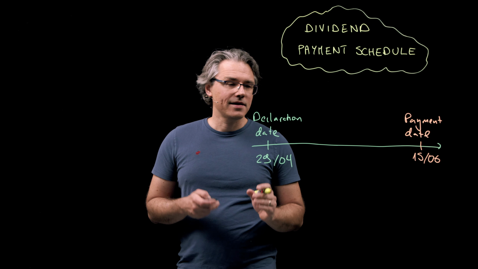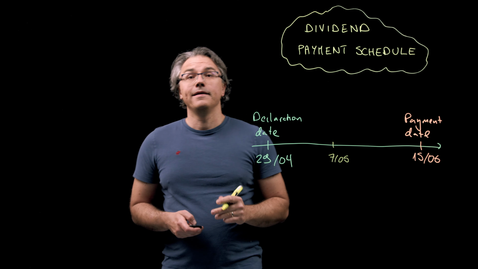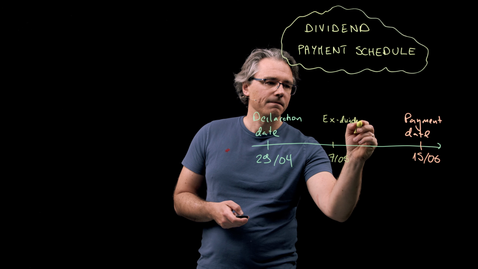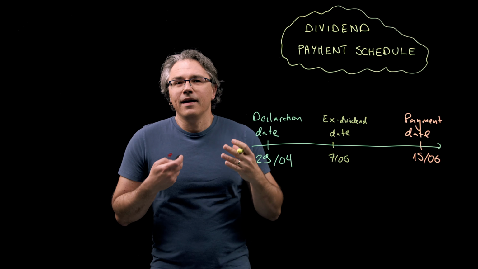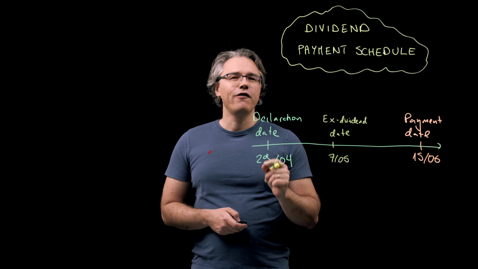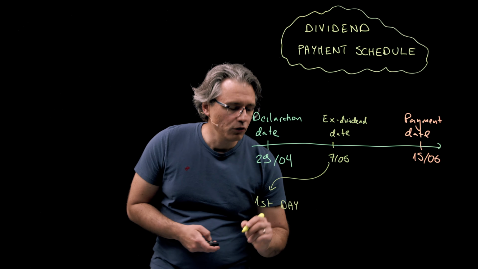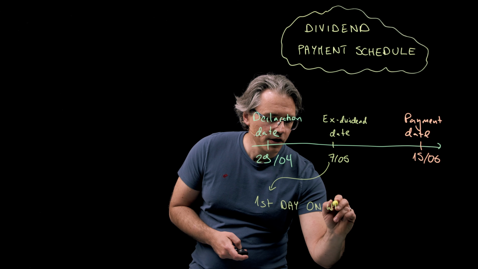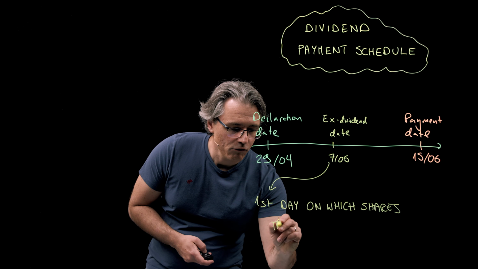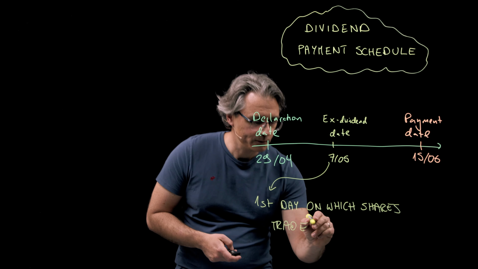So next, let's have the 7th of May. That's the ex-dividend date. And it's really critical that you get this one right. This is the first day on which the shares trade without the right to the dividend attached to them.